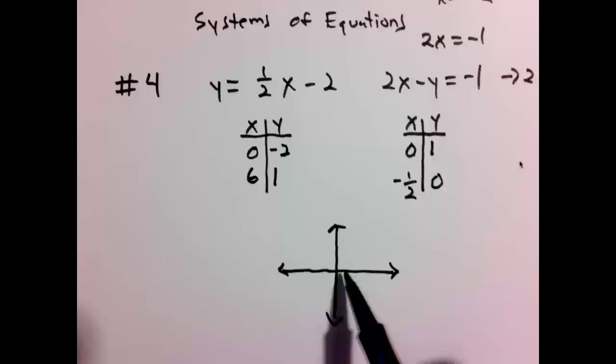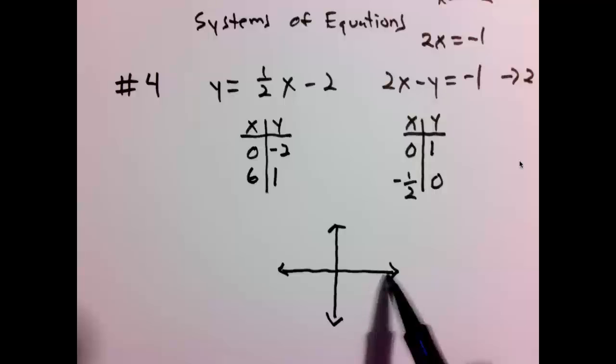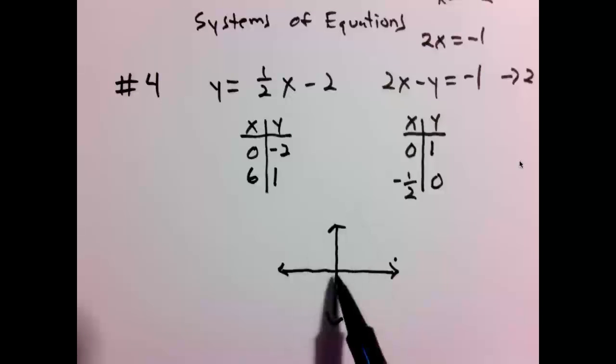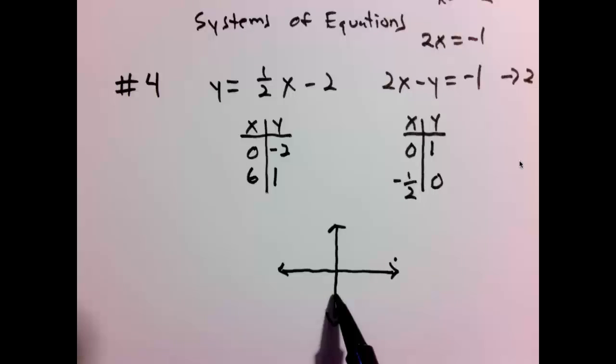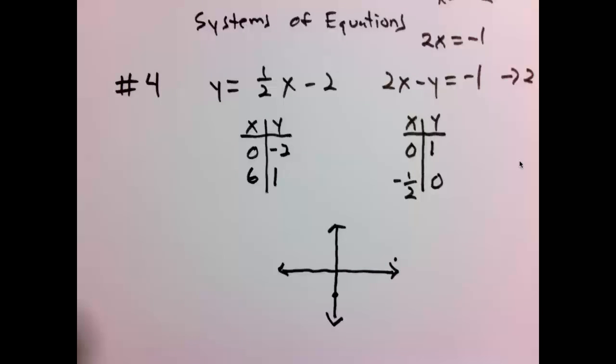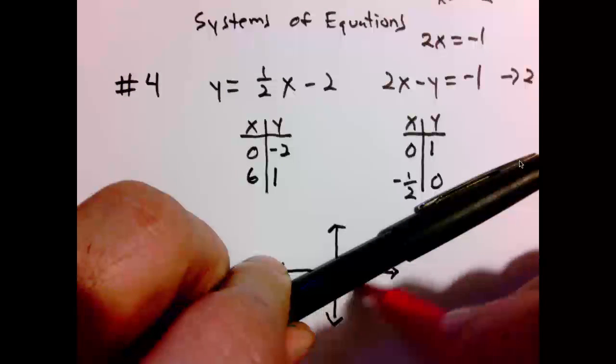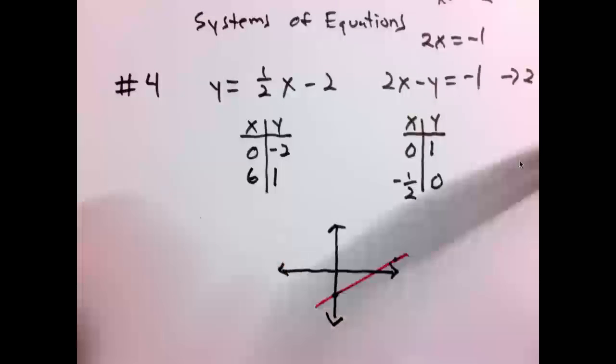Six, 1 over 1, 2, 3, 4, 5, 6, up 1. 0, -2. 0, -2 would be here. Alright.